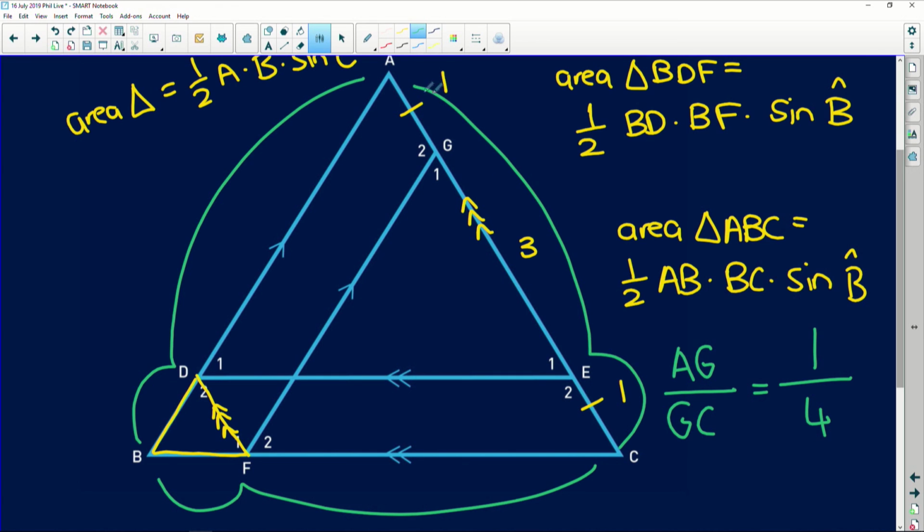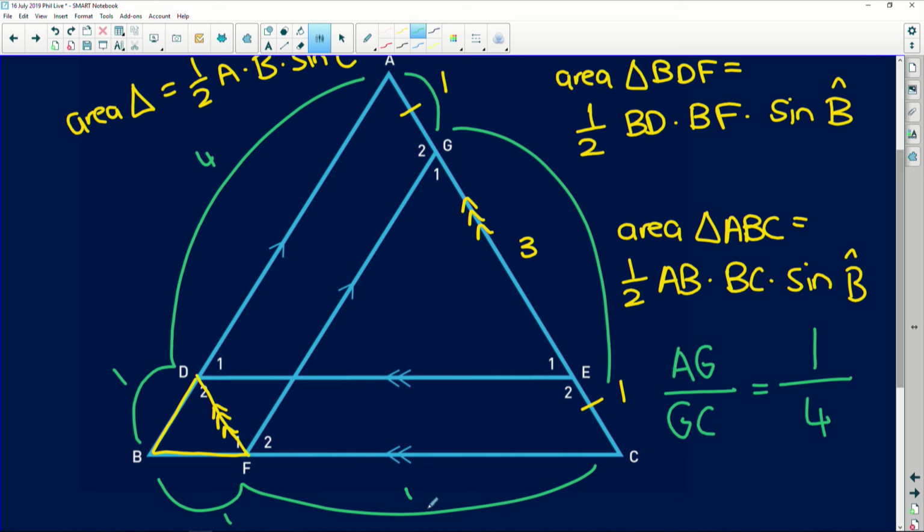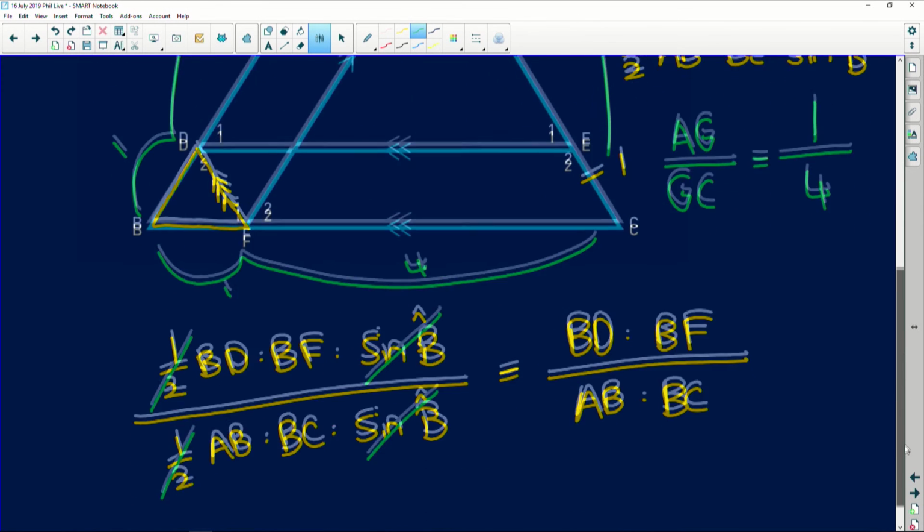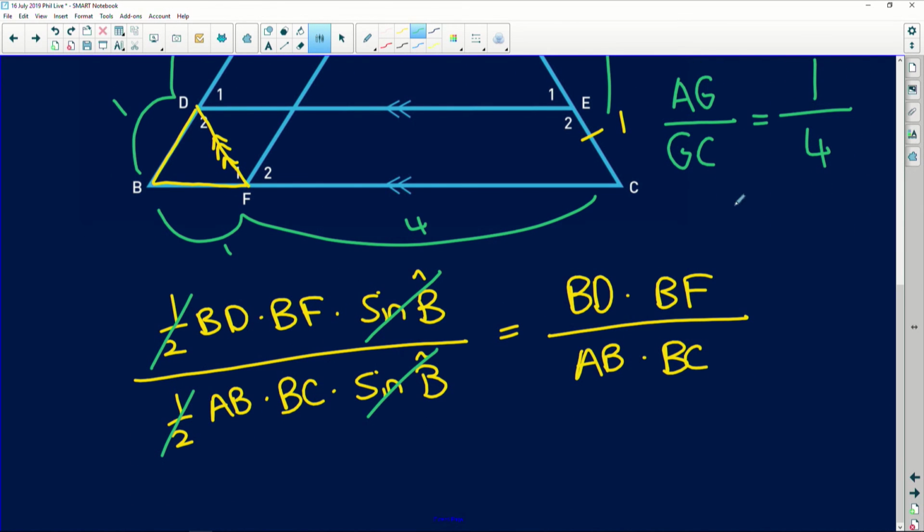Okay, so this ratio here is 1 to 4. If I drew out my little ratio bubble correctly, we would have a ratio here of 1 to 4, which means that these ratios are consistent because we've proved through all of these parallel lines that the ratios are equal to each other. So AG over GC is 1 to 4, okay?